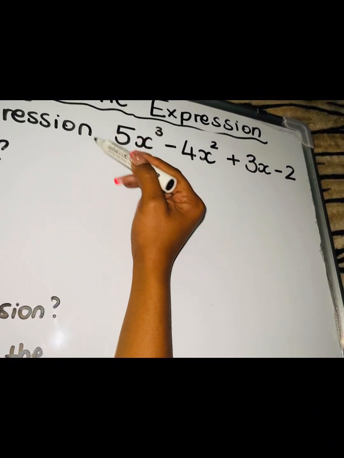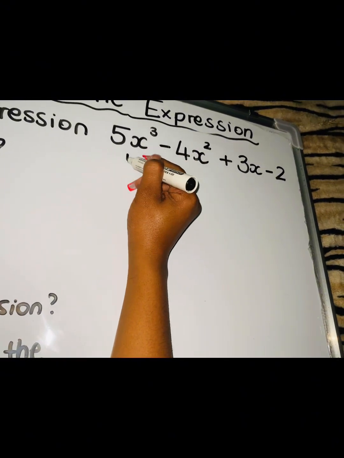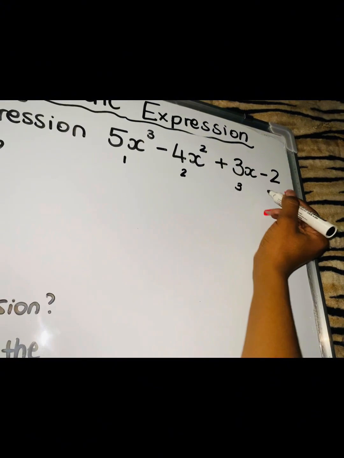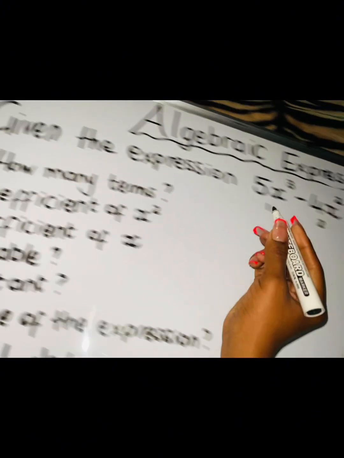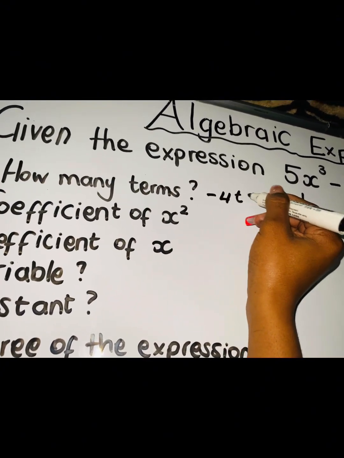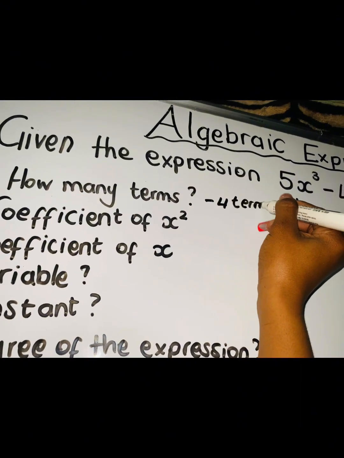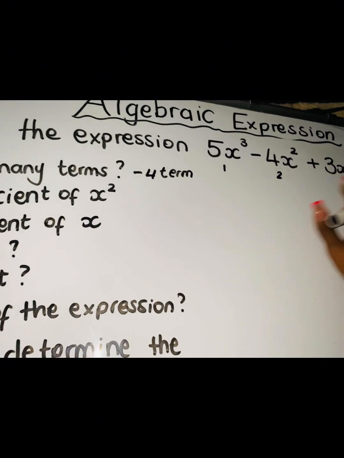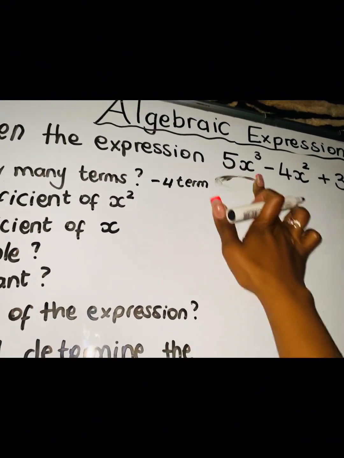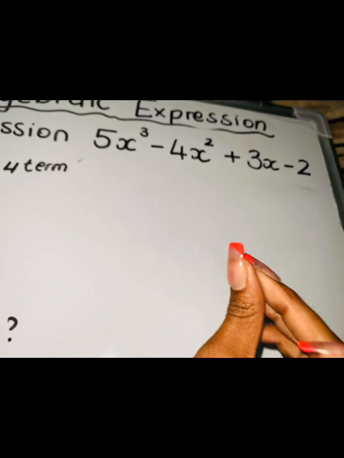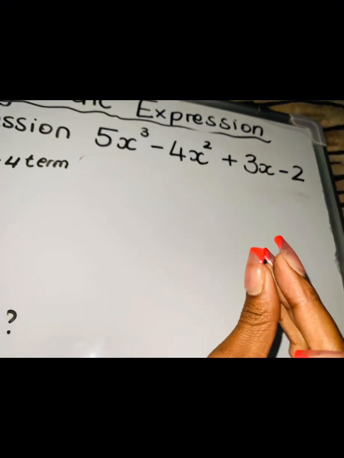So meaning we have one term, this is one term, 2, and then 3 and 4. So here we have 4 terms. Now, do you see that you are not asked what is the type of polynomial? Because now we have 4 terms right here, and we do not have 1, 2, or 3 terms.